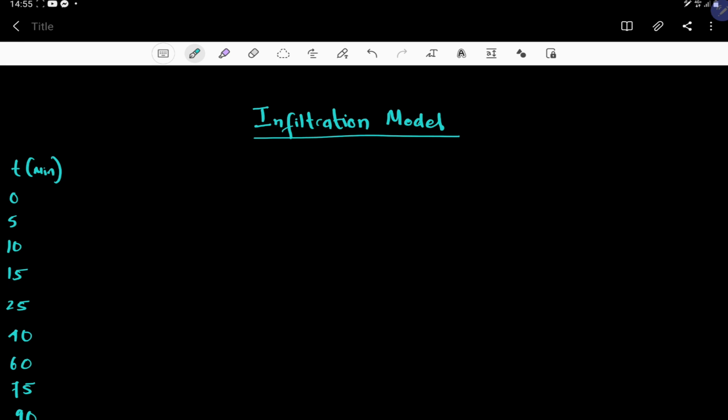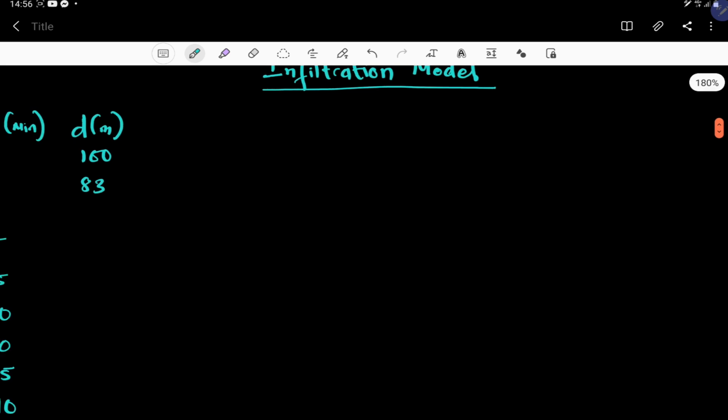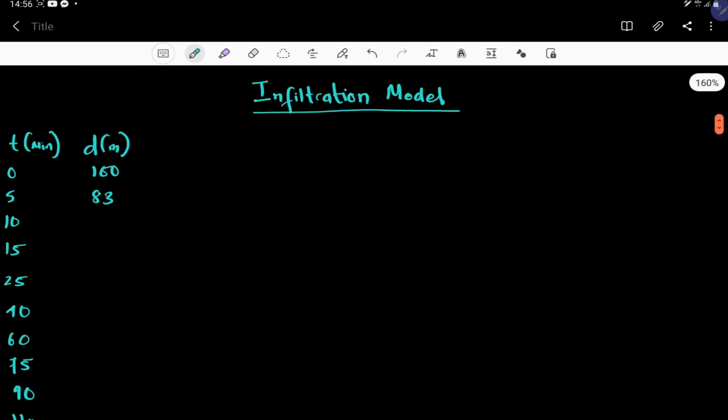So the next information given to us is the depth, the infiltration depth. Let me just write it as D, or I could also have represented it as I, whatever you like. So at 0 time the depth was maintained at 100. This is already given in the question, so 83. Let me simply copy the question here. 83.